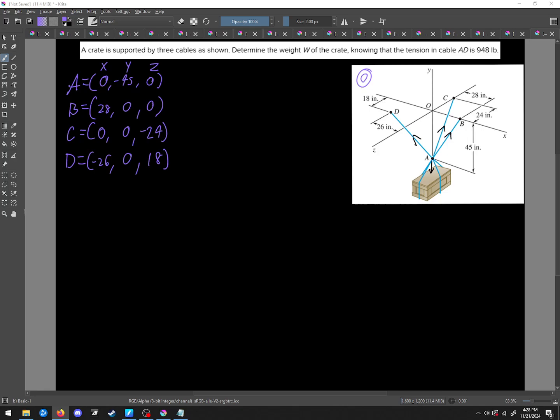So knowing these now, we have defined vector AD, vector AC, and vector AB. So finally, step 1 is listing the points.